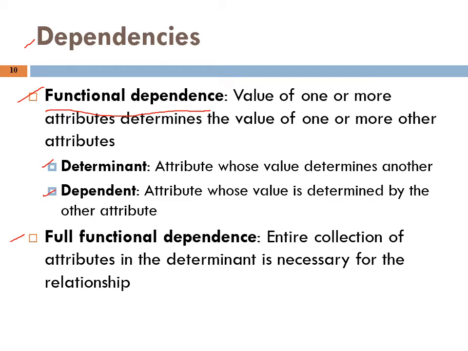So full functional dependence is a condition in which an attribute is functionally dependent on a composite key, but not on any subset of that composite key. A composite key is a multi-attribute key.